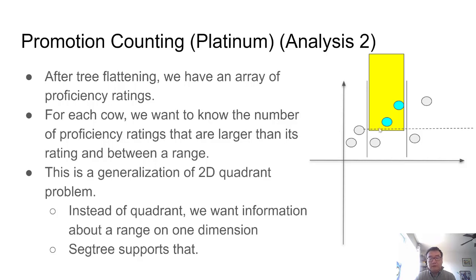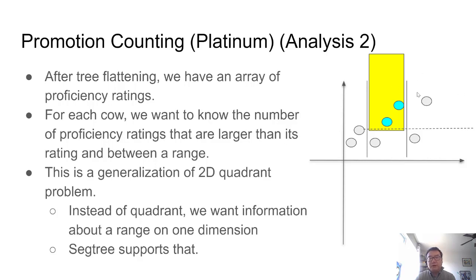Then to answer the question, what we need to do is count the number of points in this yellow highlighted region. So the y-axis has to be above the current node, and the x-axis has to be in between these two boundaries. This is slightly different from a 2D quadrant problem.